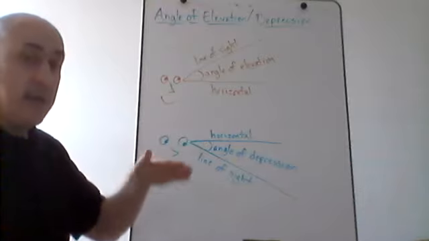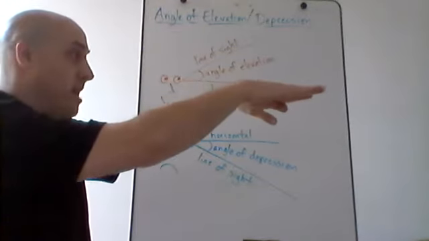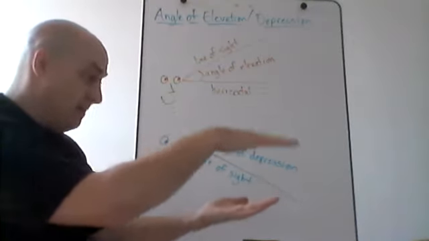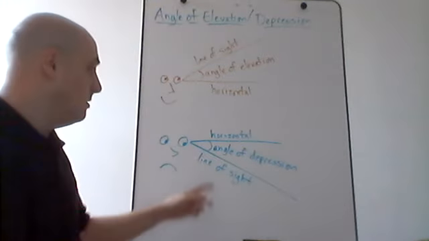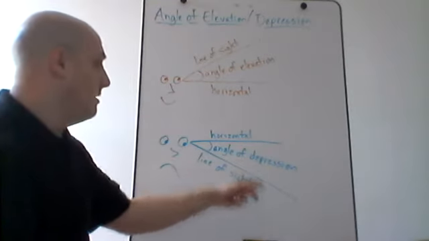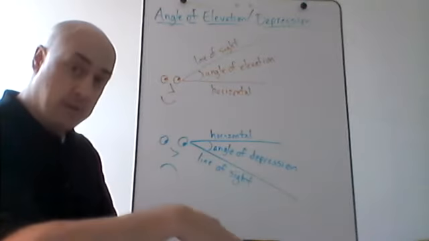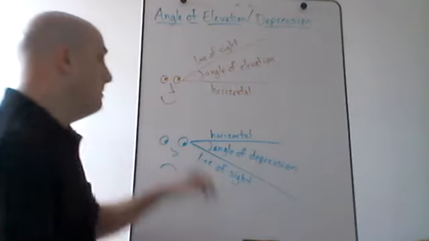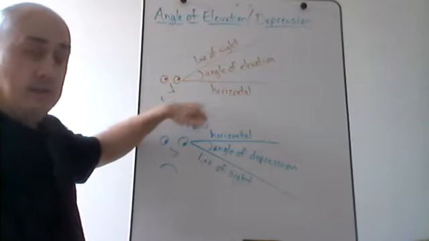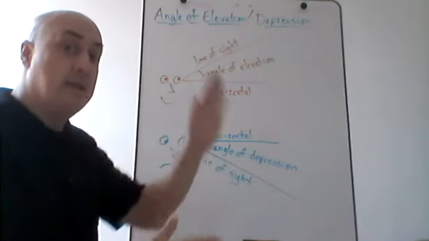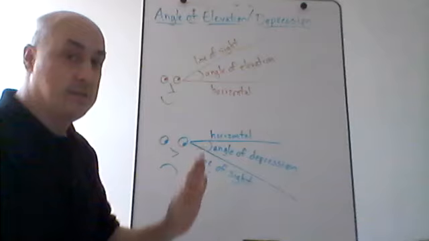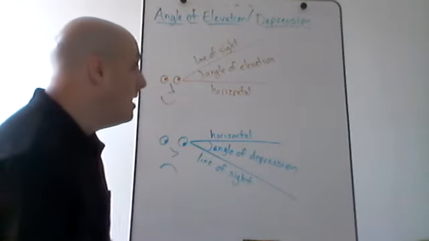The horizontal, again, is from our eyes straight out to the horizon. If what we're looking at is below the horizontal, the angle between the horizontal and the line of sight is the angle of depression. Depression means going downward. Again, these are both defined in relation to the horizontal line, never the vertical line. Don't make that mistake like so many other people in the past have done.